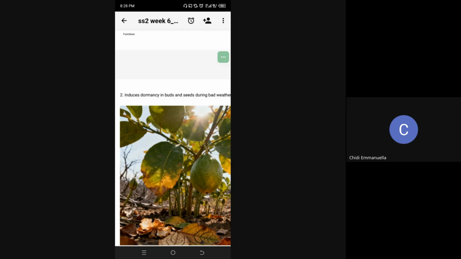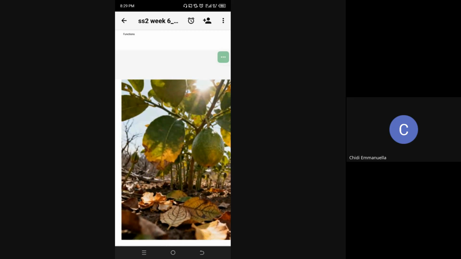Dormancy is a particular period or situation where nothing is happening. There's inactivity in a particular organism. It could be plants, it could be animals. You understand? Yes, sir.